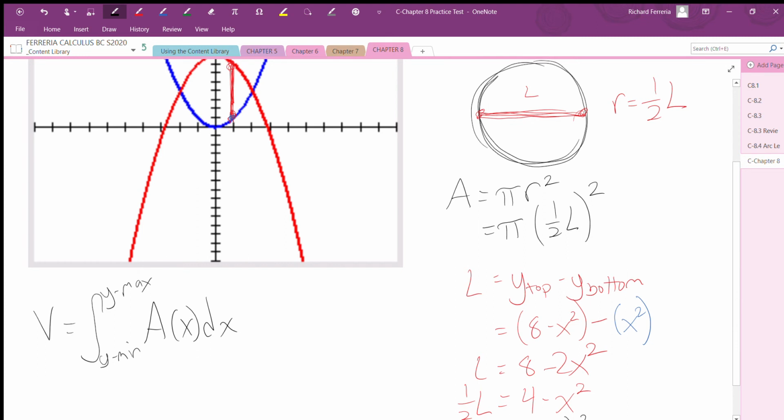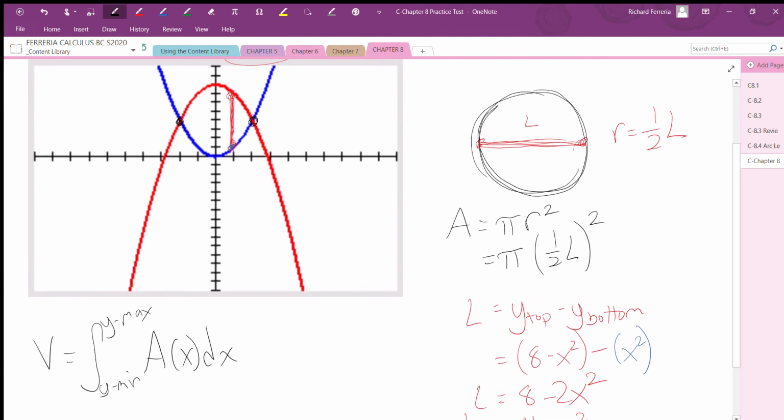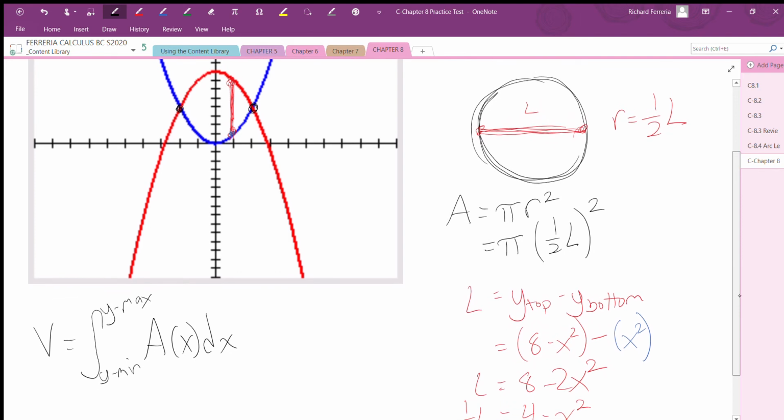So what is our minimum? It's going to be this coordinate here, and our maximum is going to be this coordinate here. Let's figure out those coordinates. At those x coordinates, the y coordinate for the blue curve is the same as the y coordinate for the red curve.